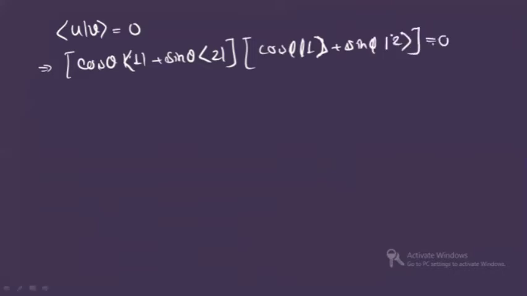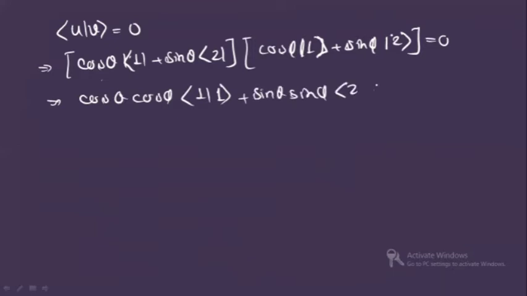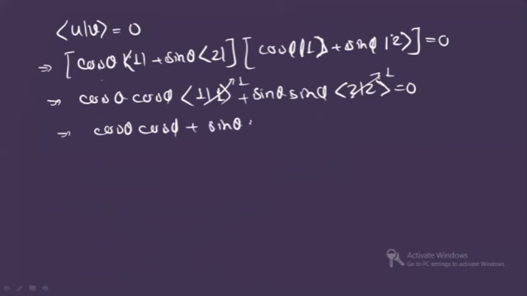It is equal to 0. So when you see this, you will get cos theta cos phi, all other terms will be 0 by orthogonality. This is sine theta sine phi, other terms are 0. So this is 1 by orthogonality. So finally you will have cos theta cos phi plus sine theta sine phi equal to 0.